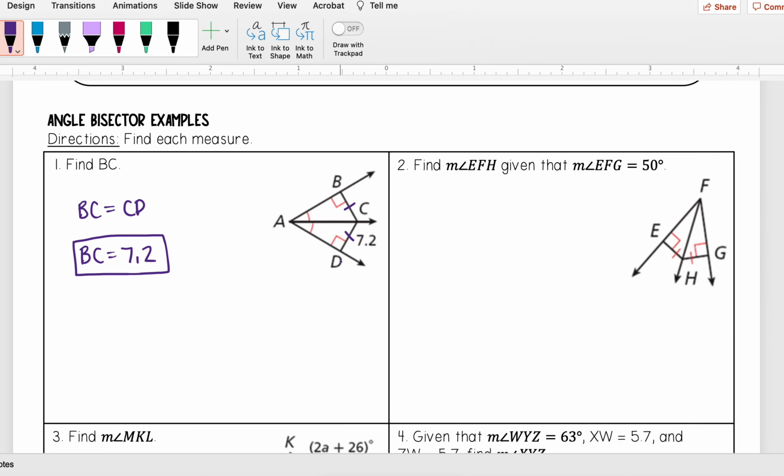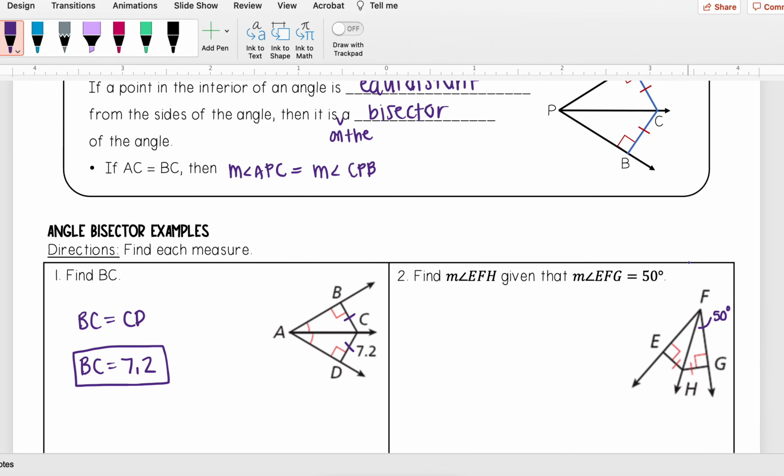Okay, so number two, we want to find the measure of angle EFH, given that the measure of angle EFG is equal to 50 degrees. So EFG is equal to 50 degrees, so that's this angle right here. So first thing I notice here is that I have these other two sides right here, and I see that they're congruent.